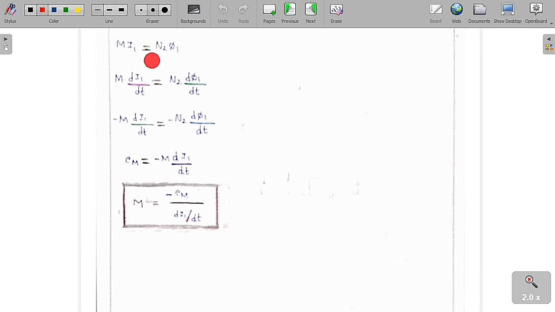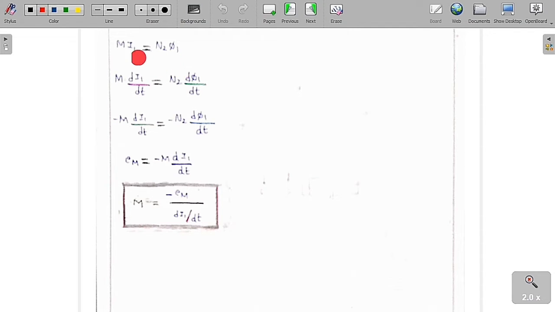Also here, the overall flux linkage: I have already told you that M I1 is equal to N2 phi1. So N2 phi1 is equal to M into I1, or N2 phi1 is directly proportional to I1.